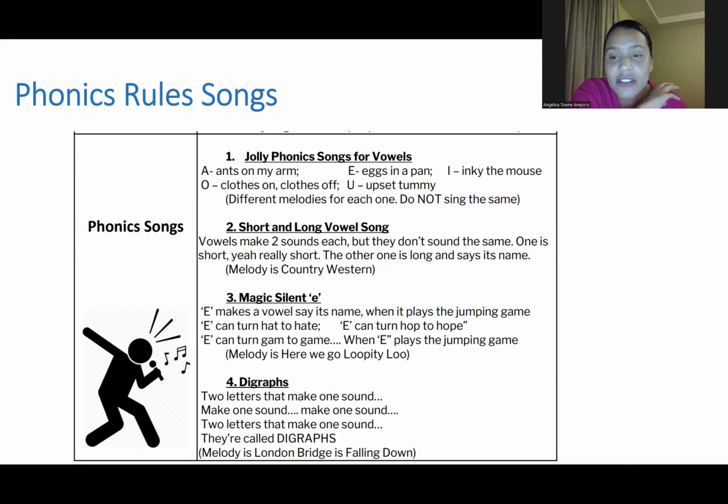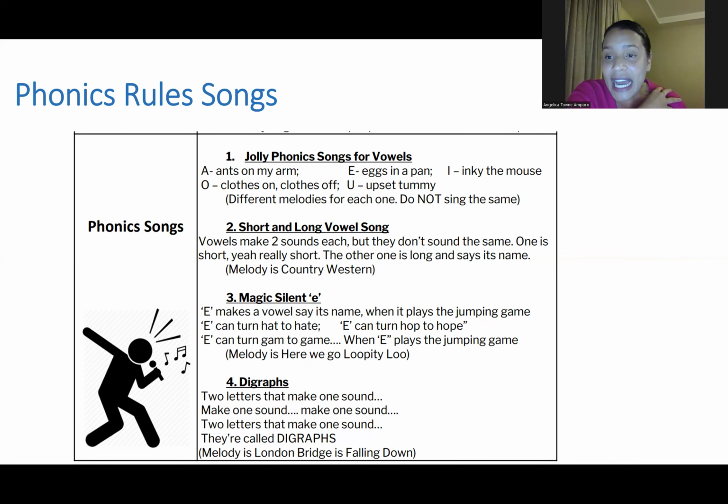So the A is no longer saying its A sound, it's saying its name. It's saying the A sound. And there's a little song to help you remember it, where you say, E makes a vowel say its name when it plays the jumping game. You don't have to sing it. You can even just say it over and over again as like a little rhyme.